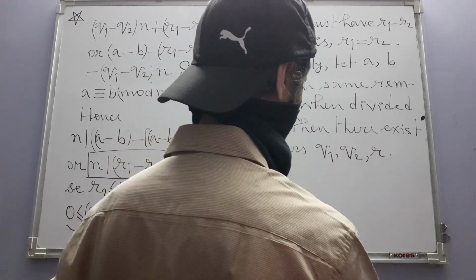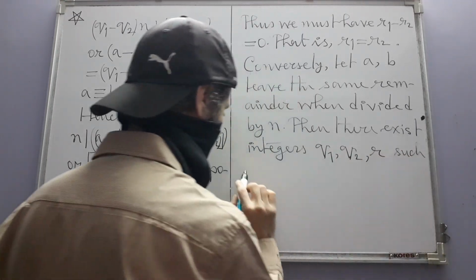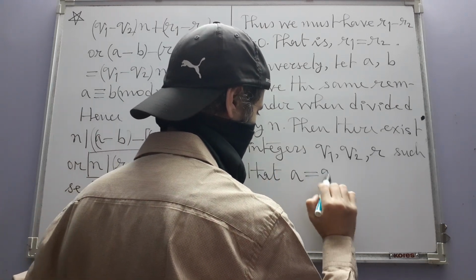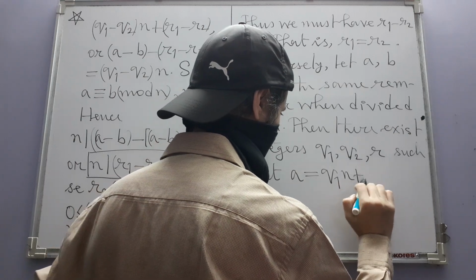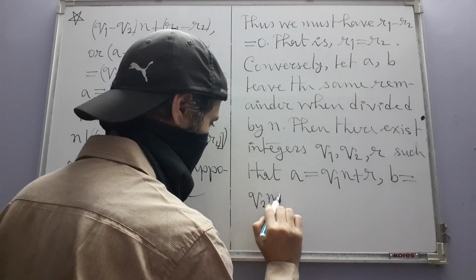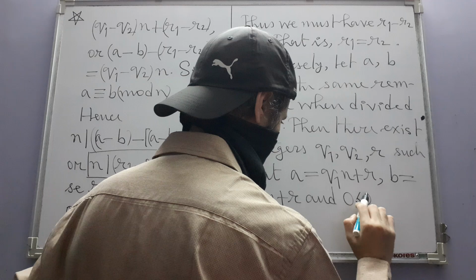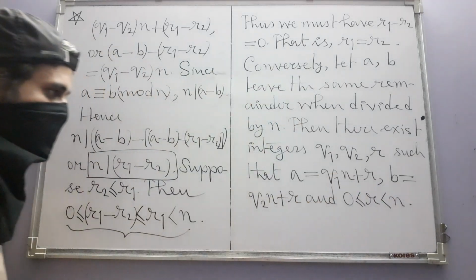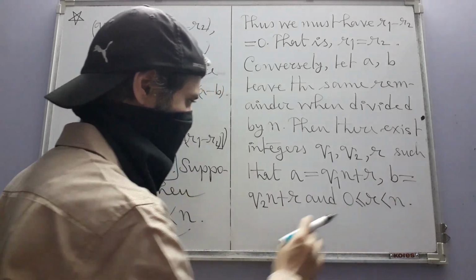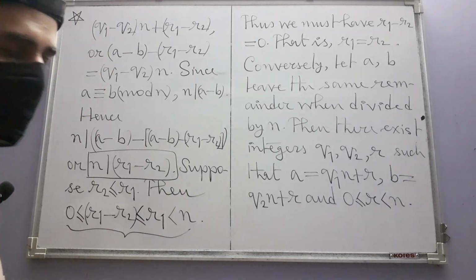So we are simply taking r such that A is equal to q1n plus r, B is equal to q2n plus r, and r is non-negative and less than n. Here actually in this part, converse part, these inequalities will not really play any role. We concentrate on the equations.